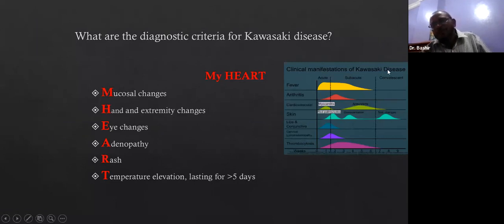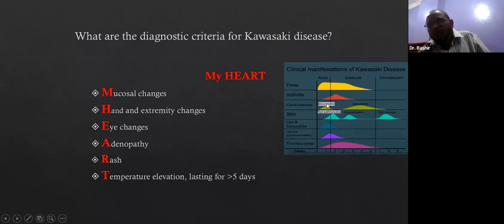Here is the clinical manifestation timetable of Kawasaki disease. The fever is the first one, and this is the one bringing the child to the emergency. He will have persistent fever, more than 5 days. And after that, arthritis.